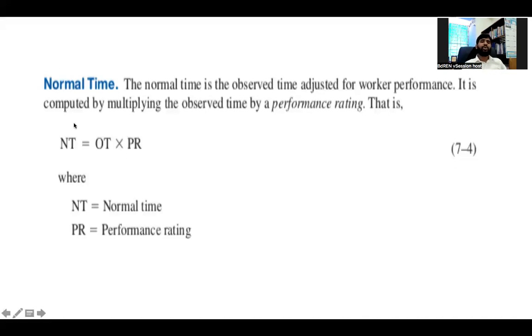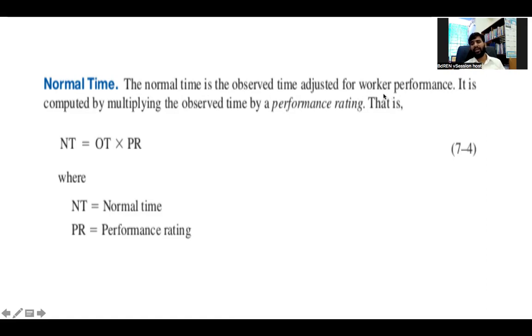So the person who ultimately observes the time has the information about the performance rating of the particular employee. The normal time is the observed time adjusted for work performance.